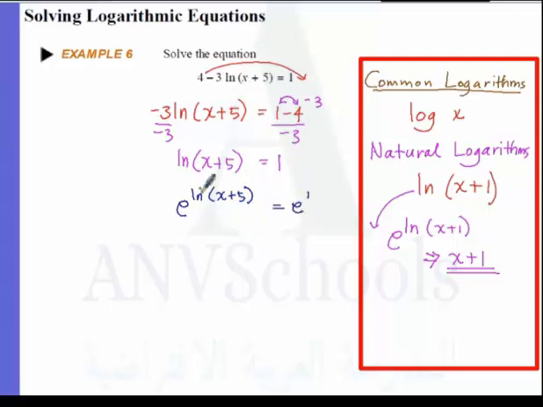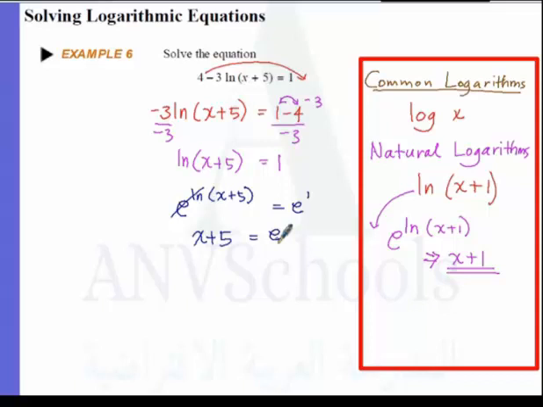And this property just gives us the value x plus 5. So x plus 5 will give us e on the other side. And e has a corresponding value. So take your calculator and look for the expression e raised to a blank.